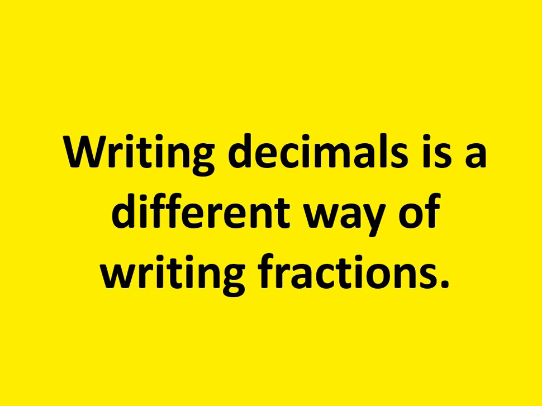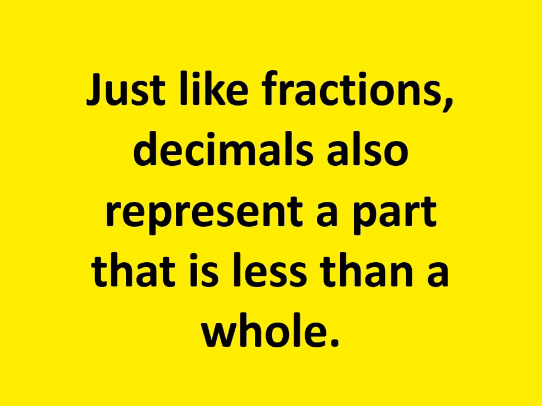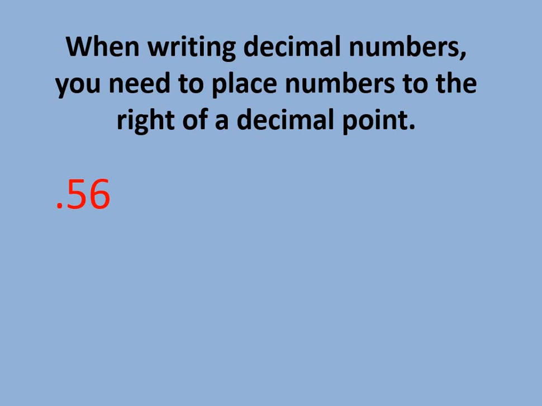Writing decimals is a different way of writing fractions. Just like fractions, decimals also represent a part that's less than a whole. When writing decimal numbers, you need to place numbers to the right of a decimal point, like this one. As you see, this is the decimal point, and on its right you will find the decimal number, the decimal part.